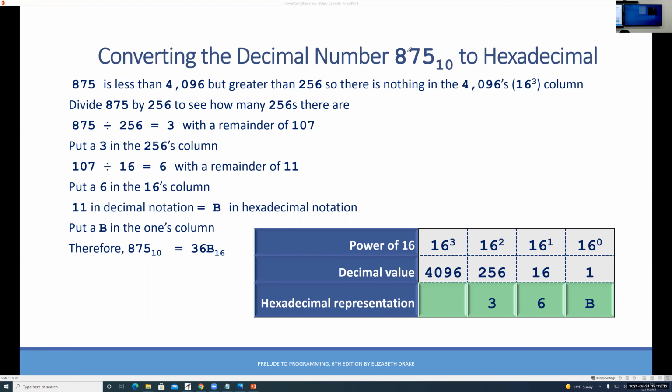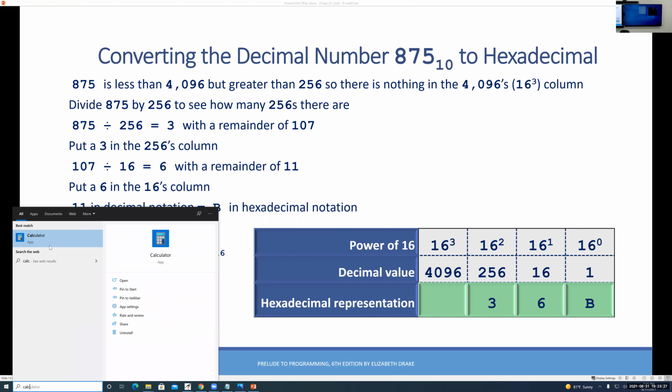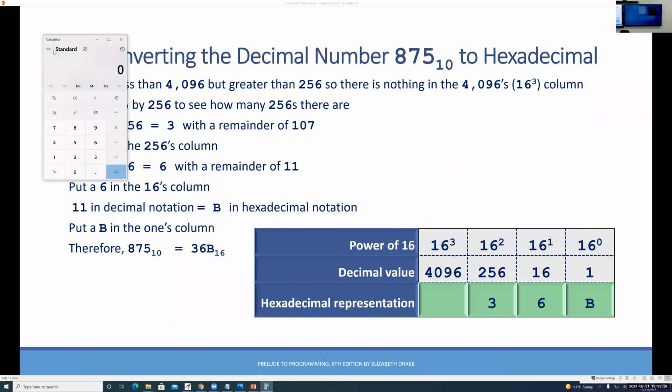Is that okay? Do you think it's okay with this one? Actually, normally you don't have to do it by hand. You just go to the calculator. Let me show you how to do it. You go to the calculator and work in programmer mode.